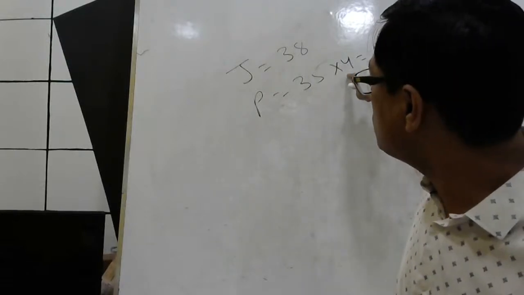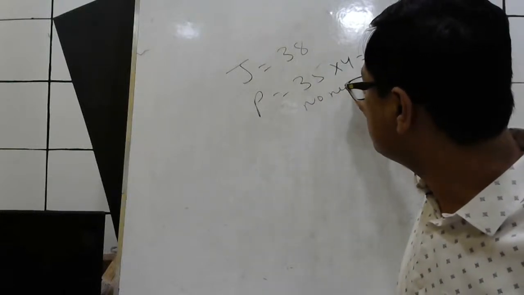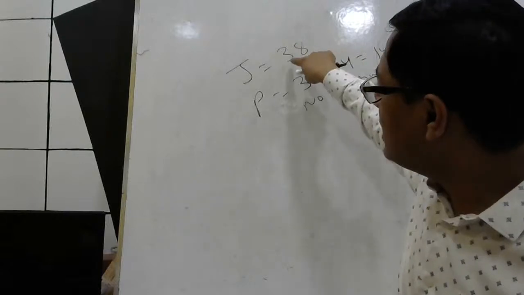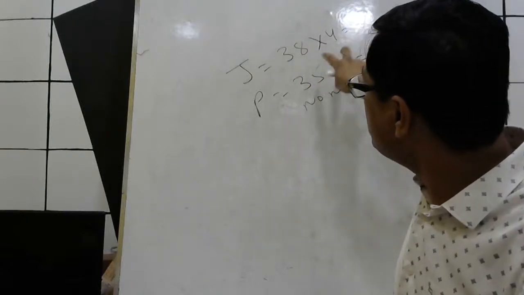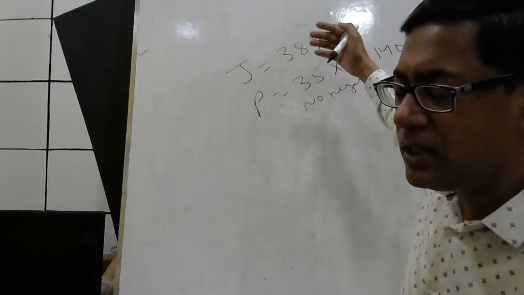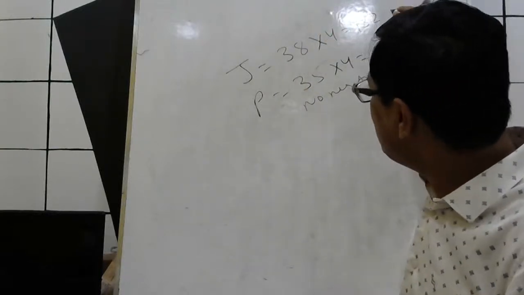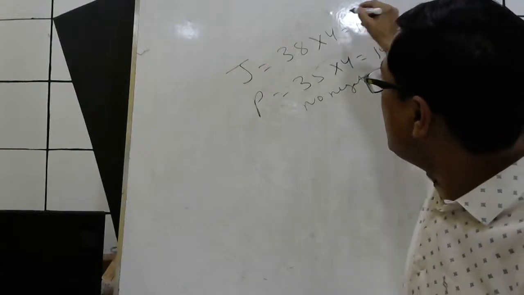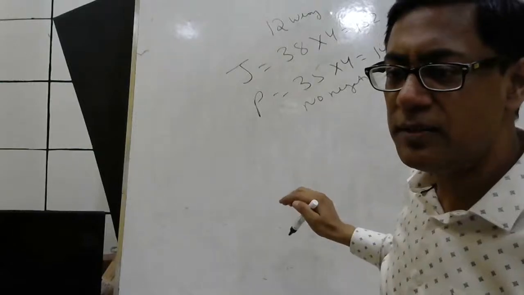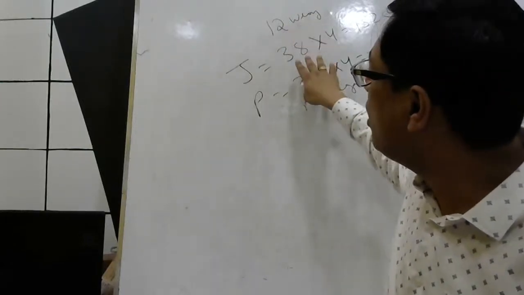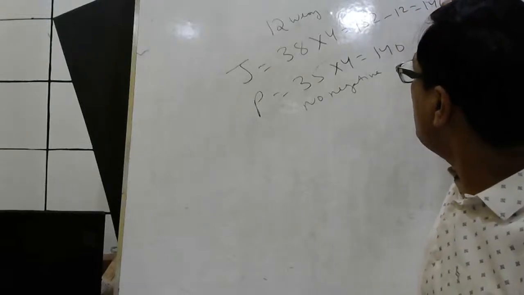That means 35 into 4 is 140 and there are no negatives here. And here we are assuming 38 into 4, which makes it 152. So 152 we are getting correct and 12 wrong. So 152 minus 12 will also make it 140.